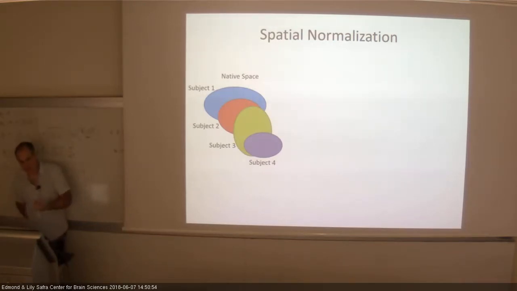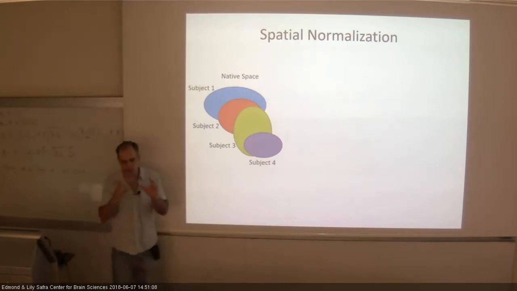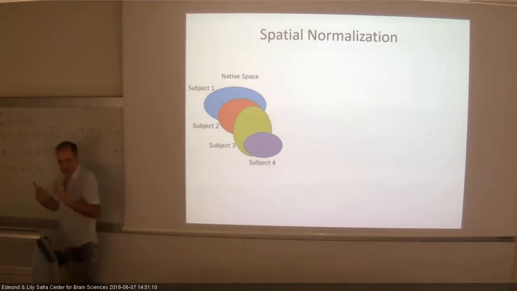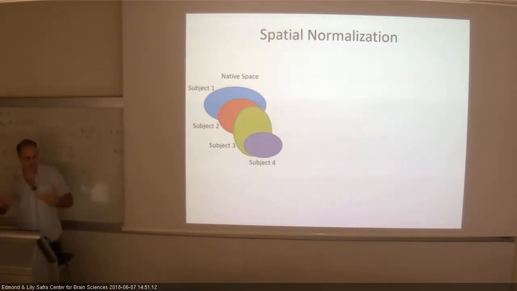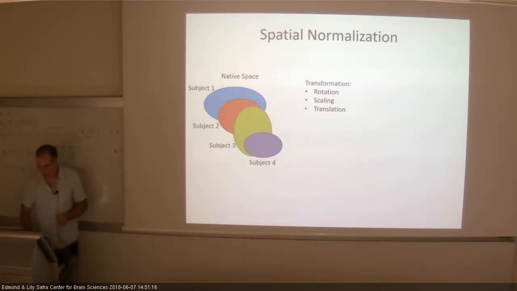So in order for me to talk about a voxel at some X, Y, Z position in space, and compare it to different work or a different subject, I want to put everything together in one normalized space. For that I need to do some kind of transformation on the space for each of the subjects, okay? Basically there are rotation and translation, which we talked about before with the motion correction.